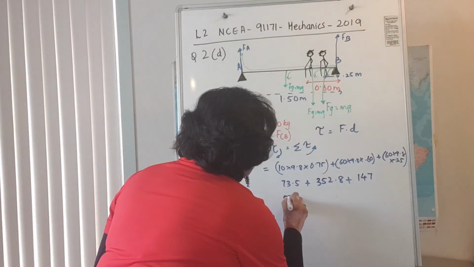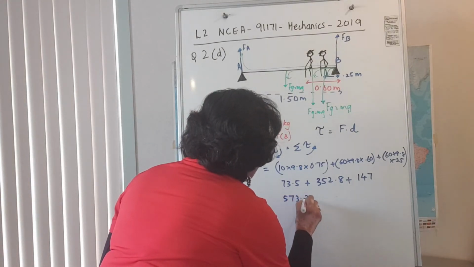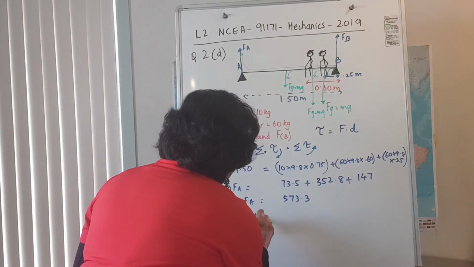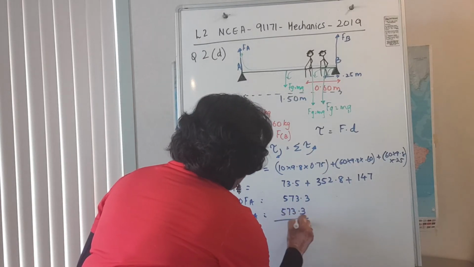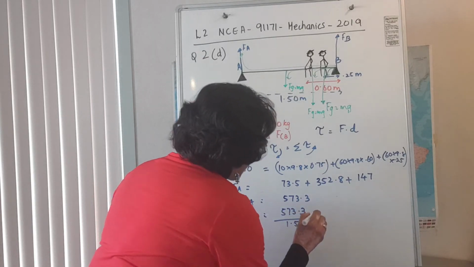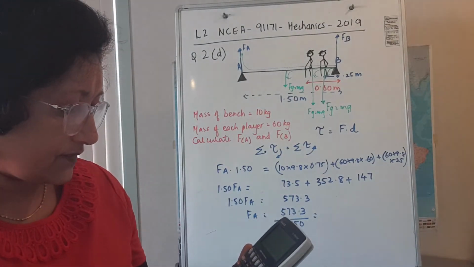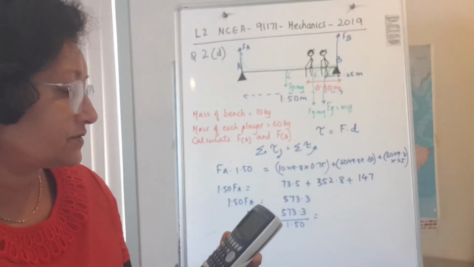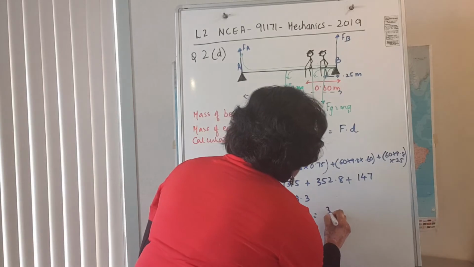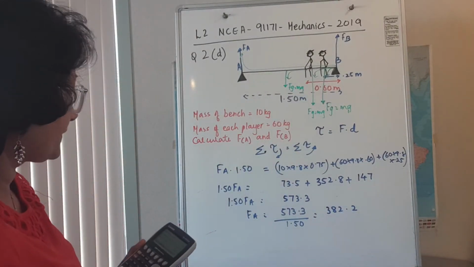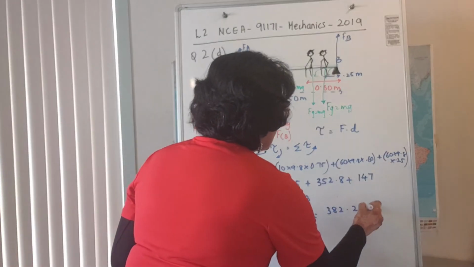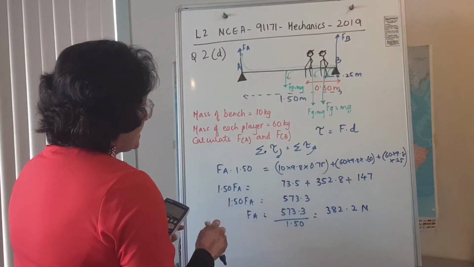So Fa is 573.3 divided by 1.50. If I divide that by 1.50, I get 382.2. Okay, so that's newtons. That's how you get the answer for Fa.